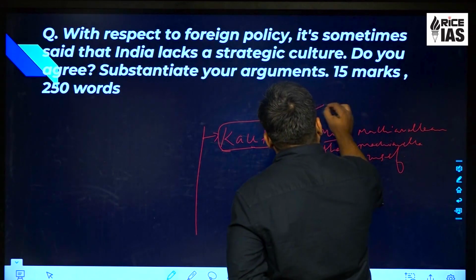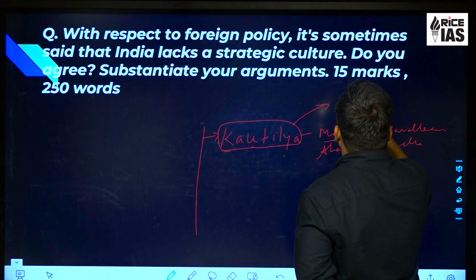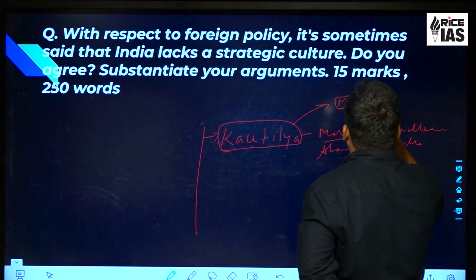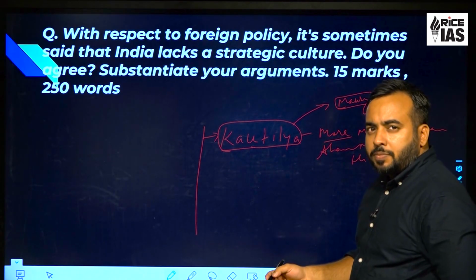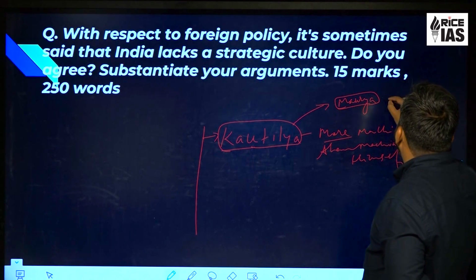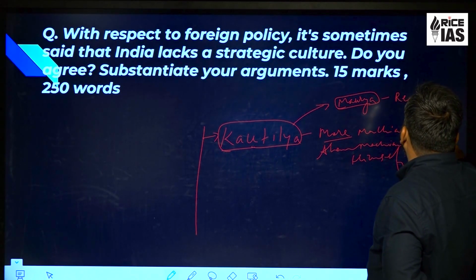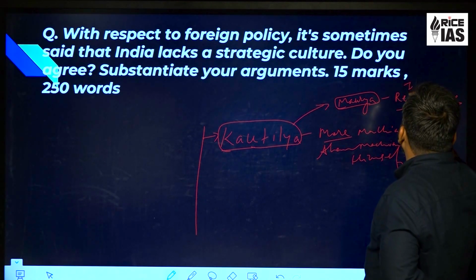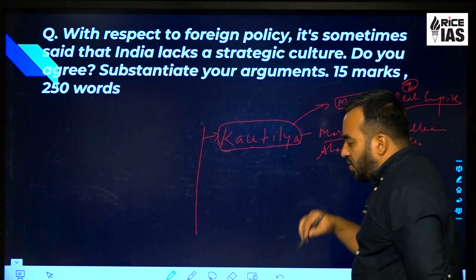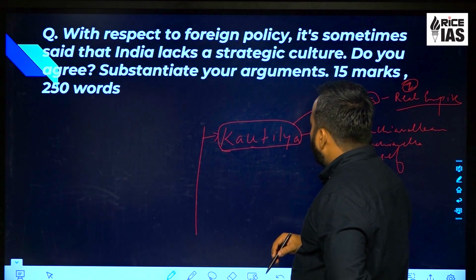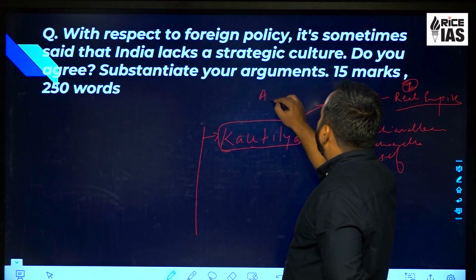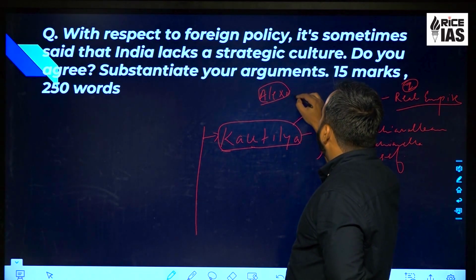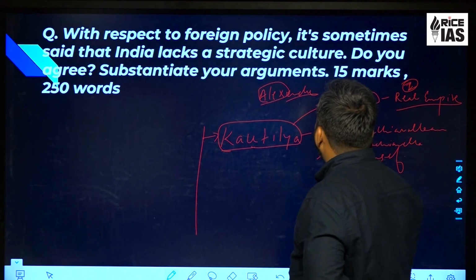We can say he built the first Indian empire with the help of Chandragupta Maurya, who was of unknown origin, and laid the foundation of the first real empire, during a time when Alexander the Great invaded the Indian borders.